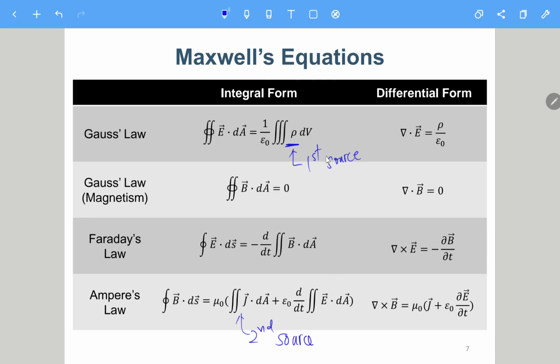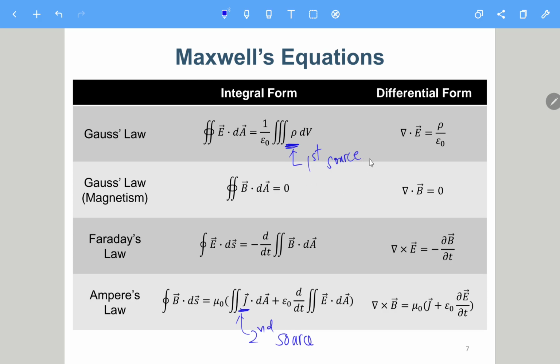After providing these two pieces of information, you will be able to solve for what the E field and B field are in space and time. So these two are called the source or the input.